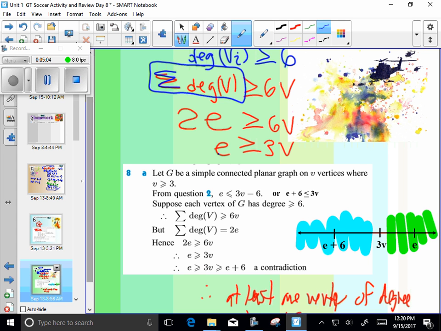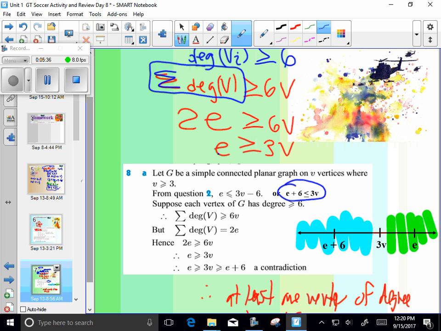But they said in the thing we developed before, e is less than or equal to 3v minus 6. If I solve for 3v, e plus 6 is less than or equal to 3v. So if e plus 6 is less than or equal to 3v and e is greater than that, does that make sense? Can you have something plus 6 being less than just something? If v is negative. No.